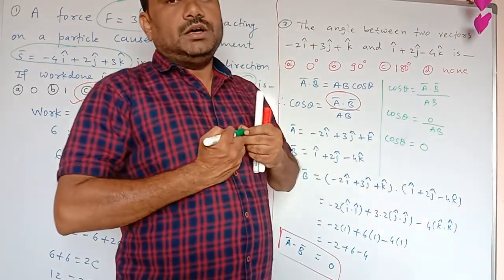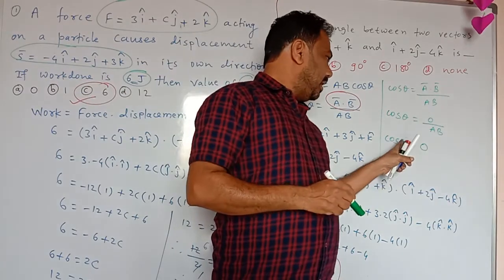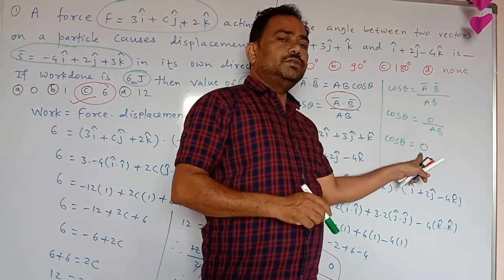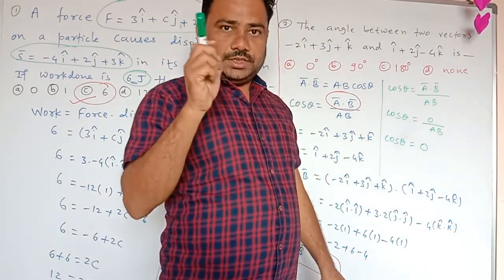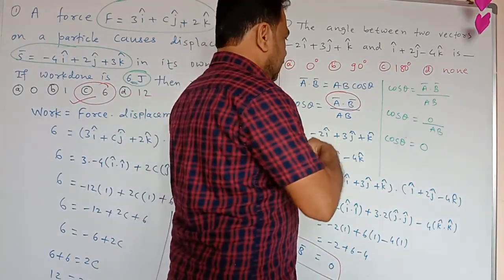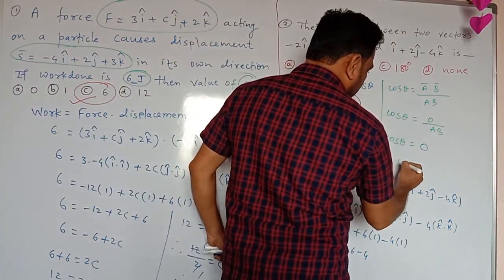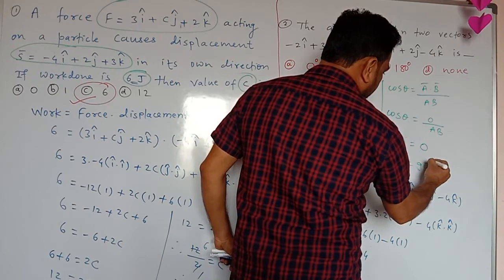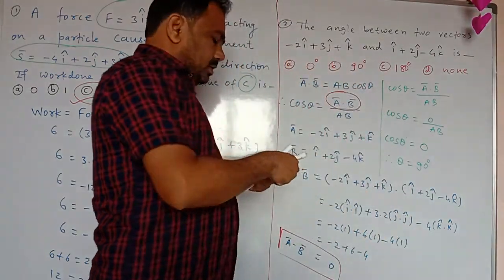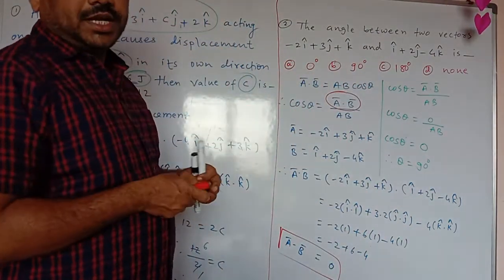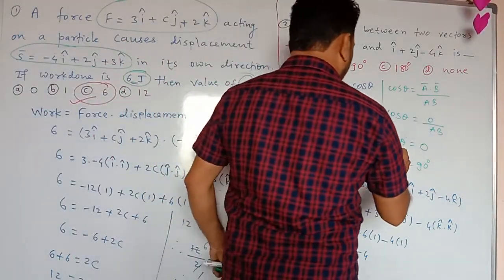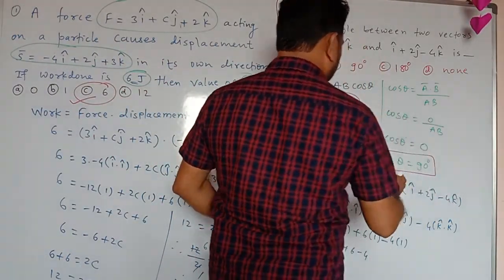So when will cos theta be 0? At which condition is cos theta equal to 0? If theta is 90 degree. So therefore theta is equal to 90 degree. Why? Because cos 90 is equal to 0.